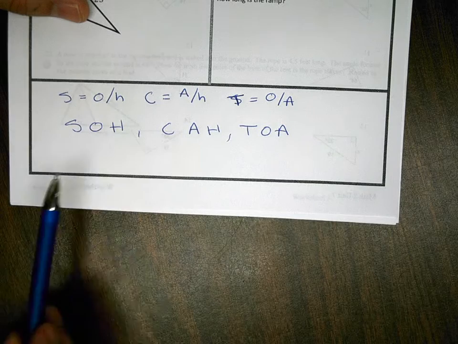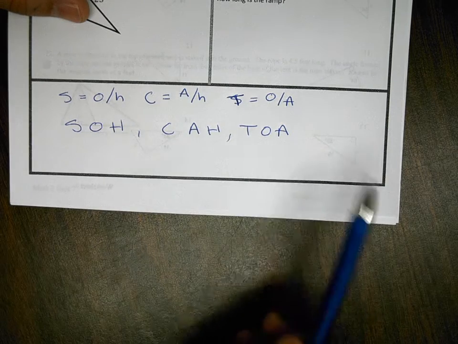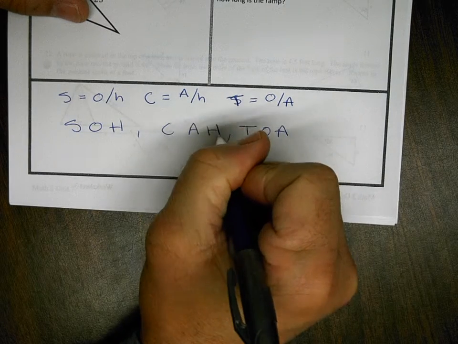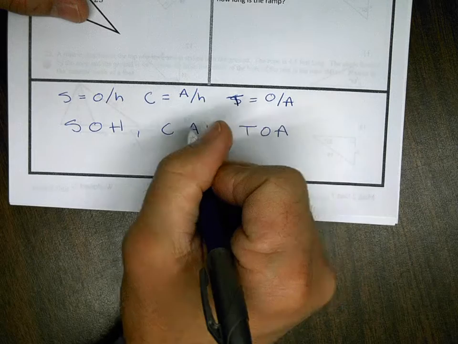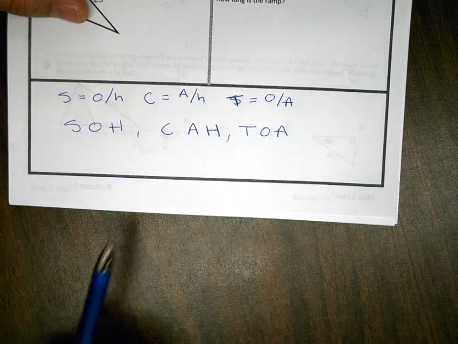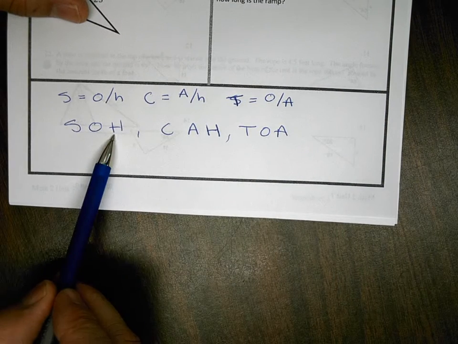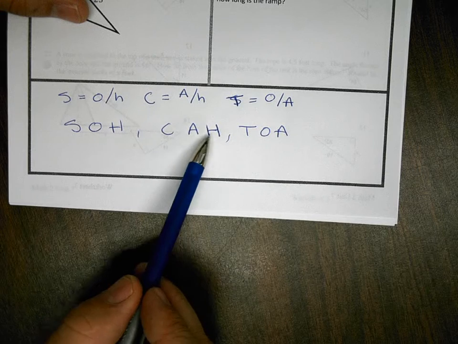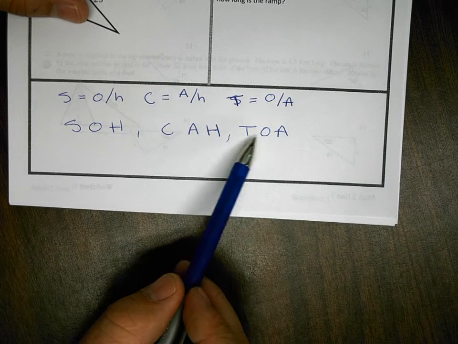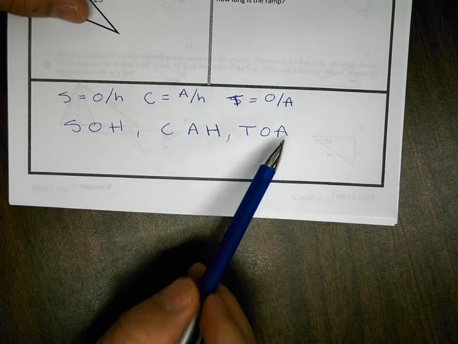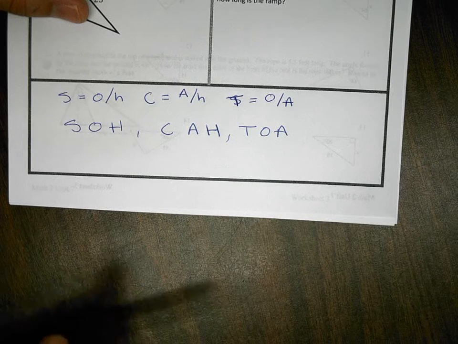So we take all those letters and we write SOHCAHTOA. So that's a little mnemonic device to help you remember. SOHCAHTOA. Okay?